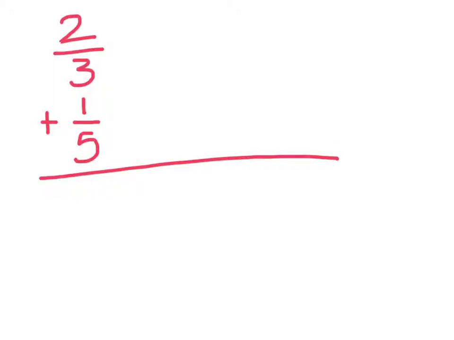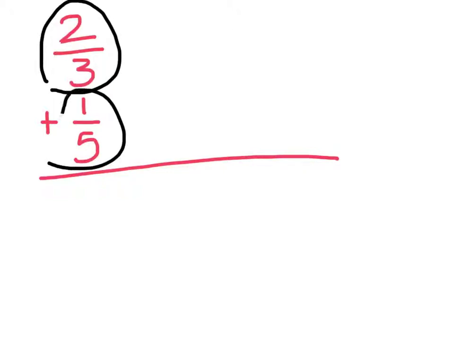So essentially, when we are trying to find a common denominator, we are trying to find two equivalent fractions for our original fractions in our problem. And all of you in class know how to find equivalent fractions. So let's go ahead and start with 2/3.